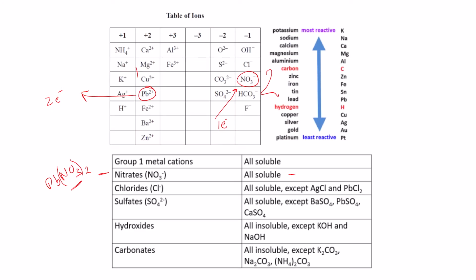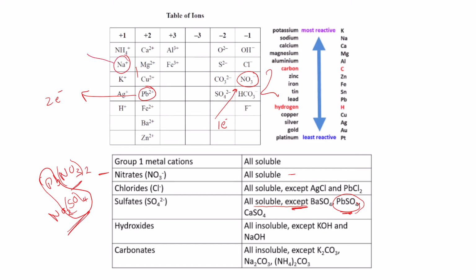Sodium sulfate: all sulfates are soluble except barium and lead sulfate. So one of the possibilities, if we've got lead nitrate and sodium sulfate, is that we could end up with lead sulfate, and lead sulfate is not soluble, it's insoluble. So this looks like a precipitation reaction. Let's have a quick look again at the sodium sulfate formula.